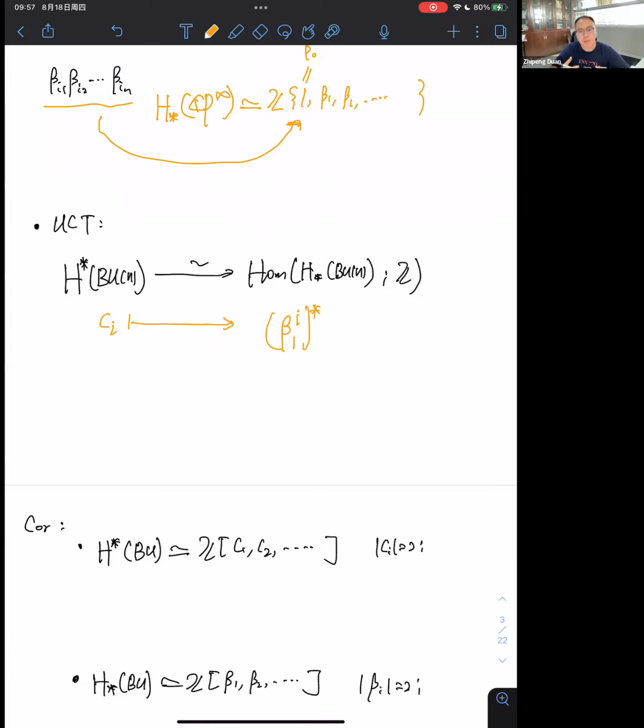So the dual vector is a homomorphism from the singular homology of BUn to Z, and it maps beta 1 to the i to 1 and other generators to 0.